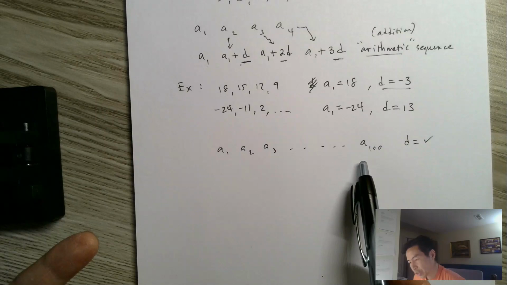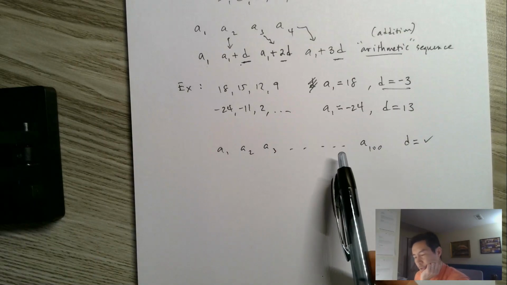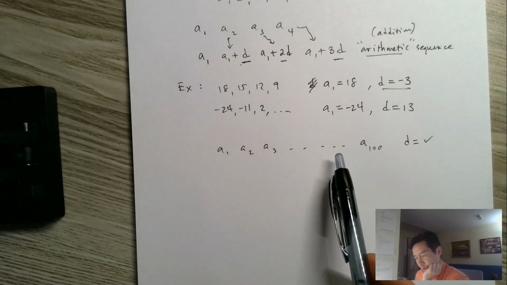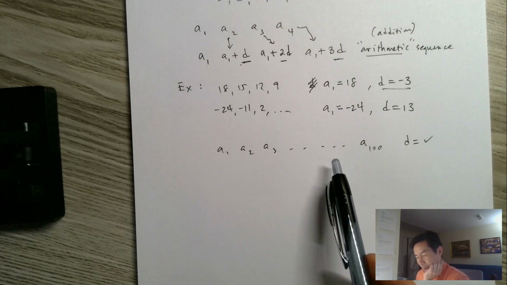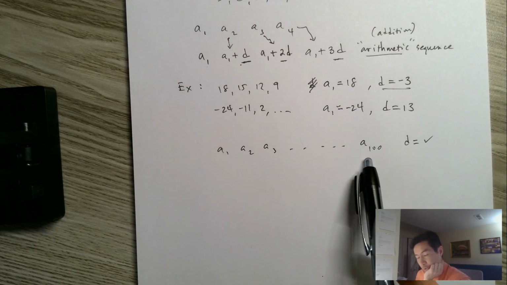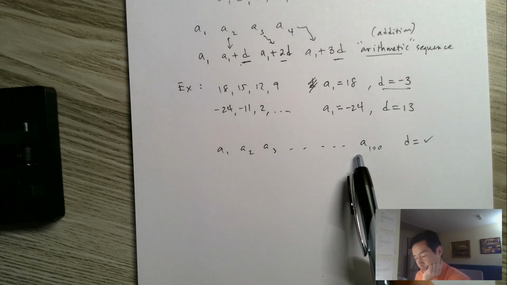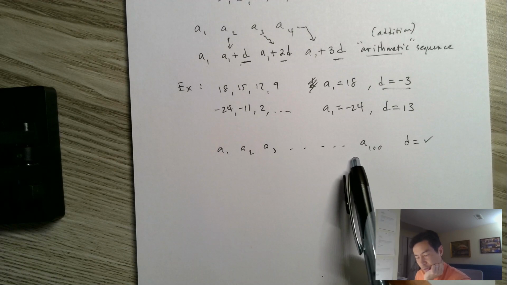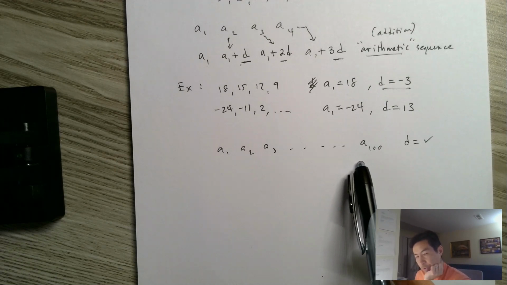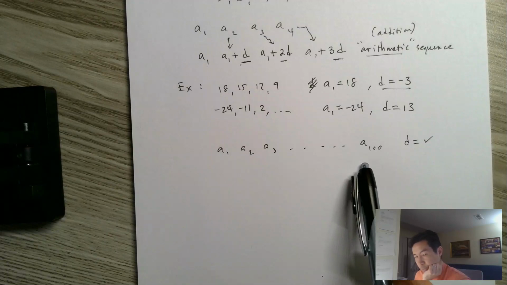But I would like to be able to use the same process no matter how far down the road the term is. Whether it's the 100th term down the road, or the 1000th term, or the 10,000th term, I like a common process. So that's where the nth term formula comes in.